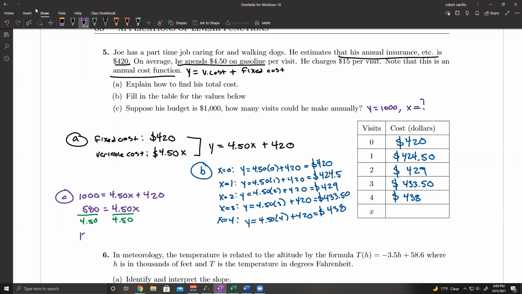So 128.88 equal to X. So he can make approximately around 129 visits.